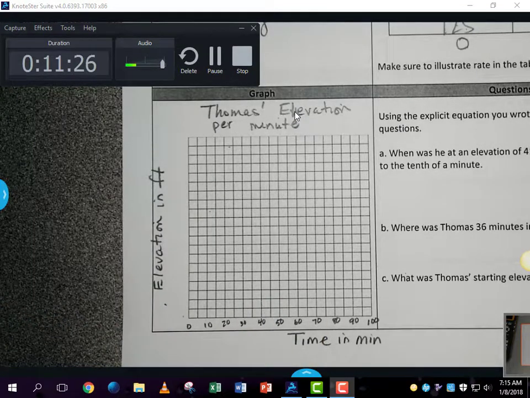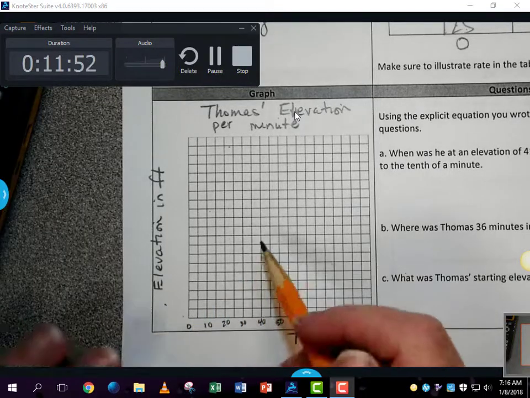So that means I'm going to take 1,245.6 and divide it by 20, because that's how many lines I have. And it gives me 62.28. So I'll go ahead and make each one of these worth 100.